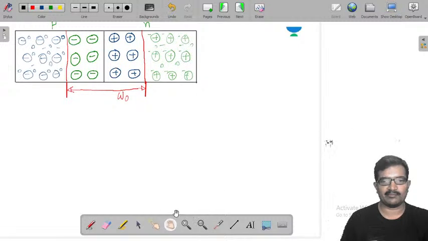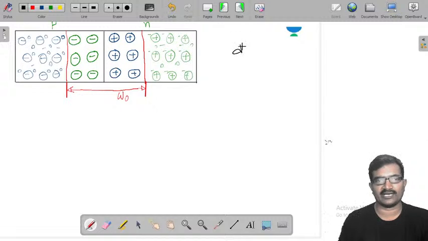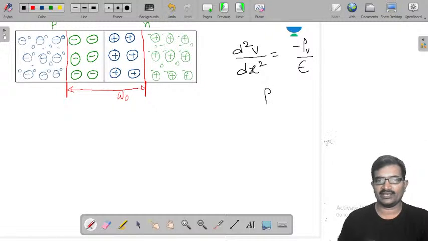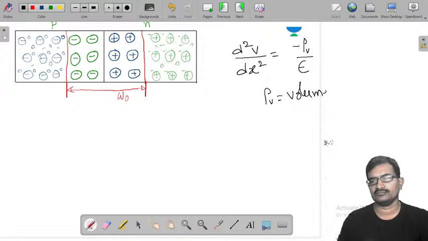See, there is Poisson's law. According to Poisson's law, we can write d square V by dx square equals minus rho v by epsilon, where rho v is the volume charge density.